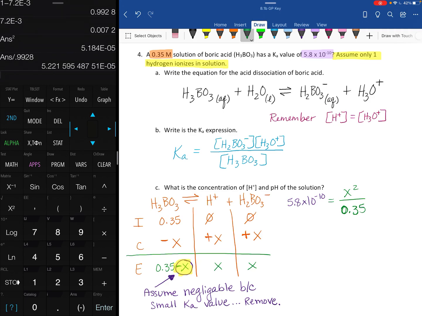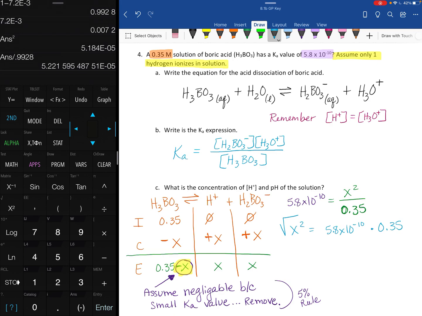This is what we call the 5% rule, and you can do that on all of these types of problems that you would see for this class this year. So we want to solve for x, so we multiply by 0.35 on both sides. And so we get x squared is equal to 5.8 times 10 to the negative 10th times 0.35.